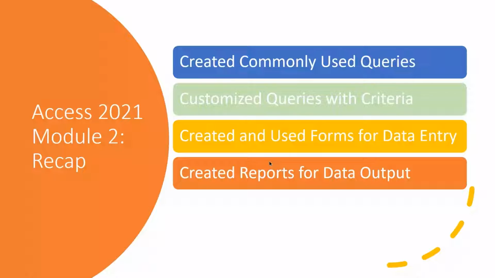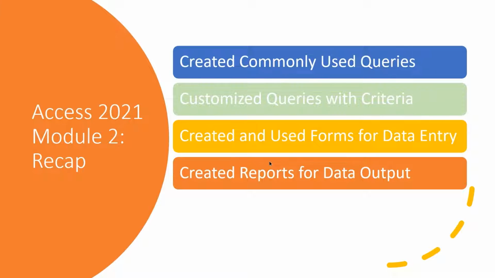To recap Module 2, we started by creating commonly used queries. We created a couple of queries using the Simple Query Wizard, and we created a query in Design View. We moved on to customizing queries with criteria, and you were introduced to using a wildcard in query criteria.